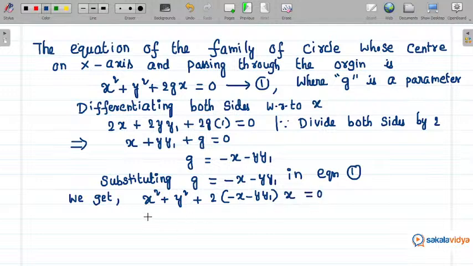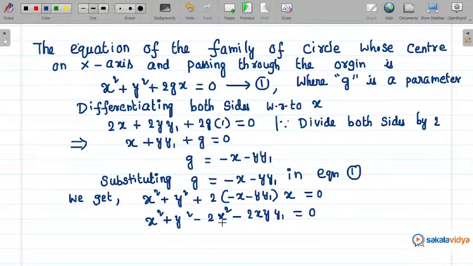Let us simplify now. Open the bracket. So x square plus y square, minus 2x into x, minus 2x square, and minus 2x into y y1, minus 2xy y1 equals 0.